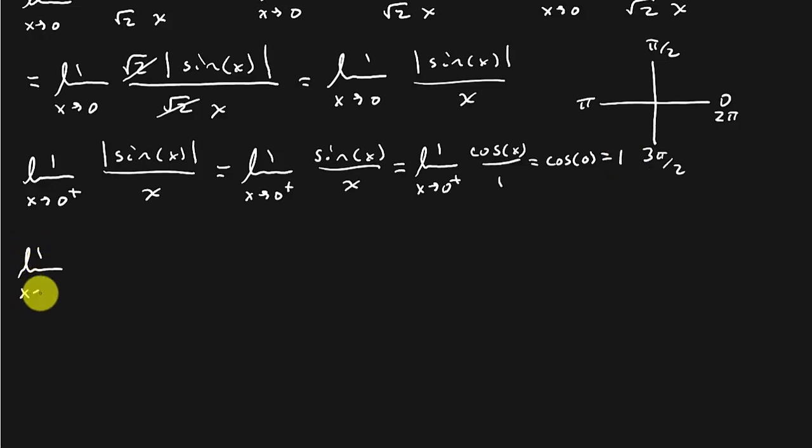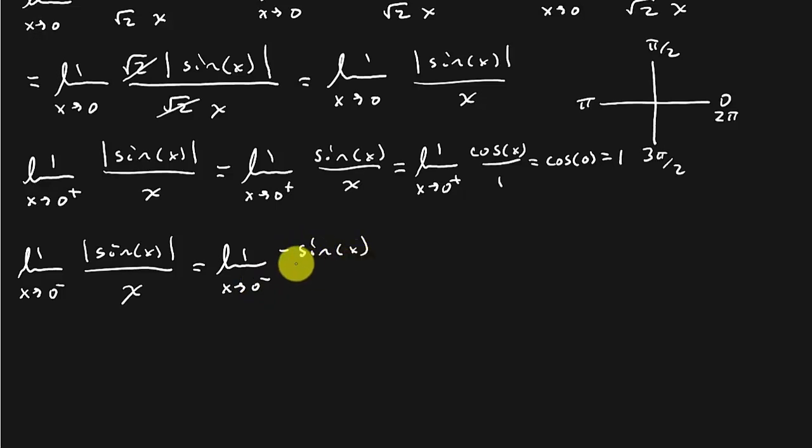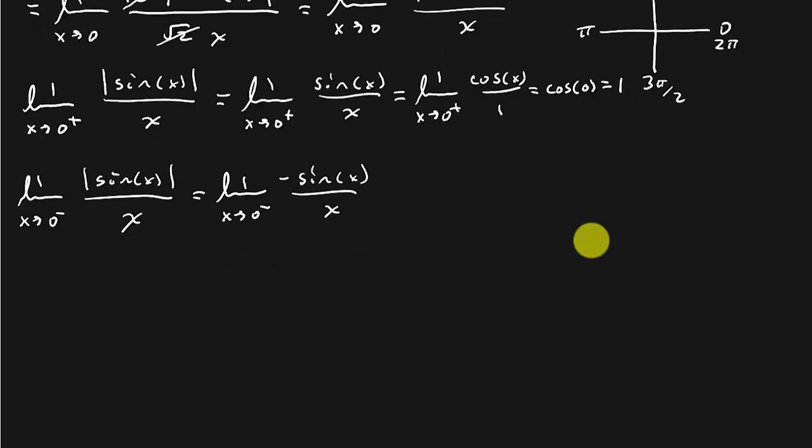All right, so that's the limit from the right. Now let's do the limit from the left. All right, so what does this equal? Well, this is equal to the limit as x goes to 0 from the left of negative sine x over x.